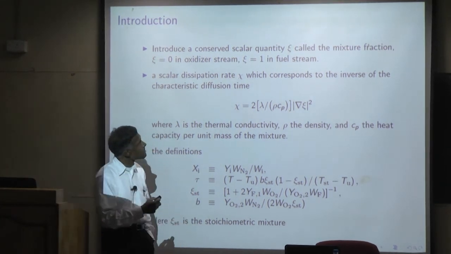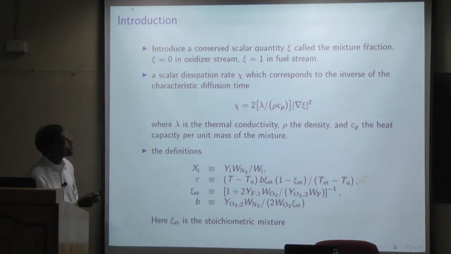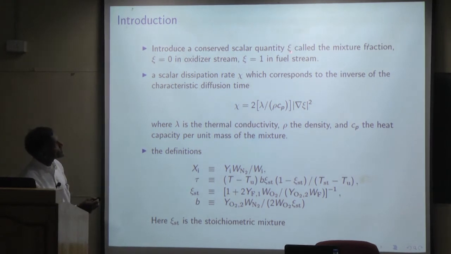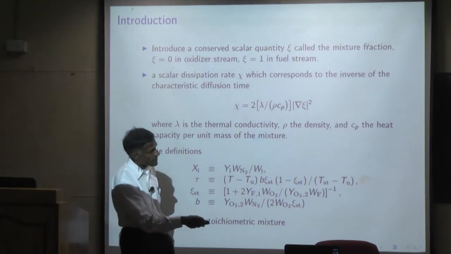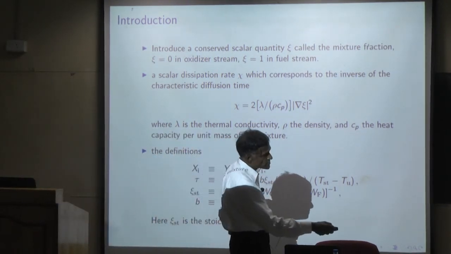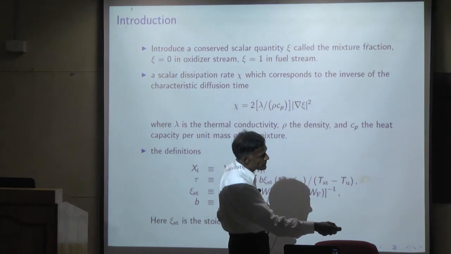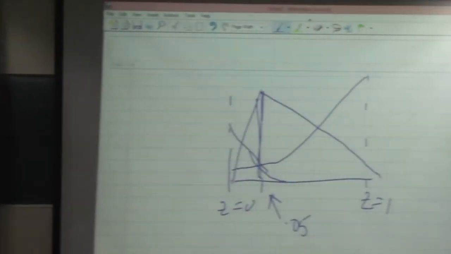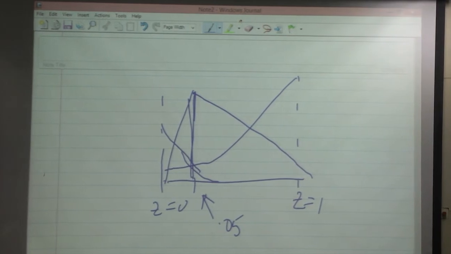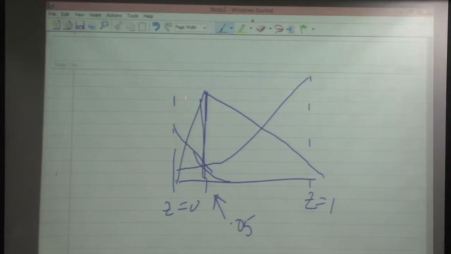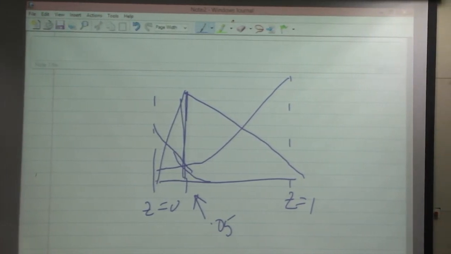And I talked about this before. Again, you introduce a conserved scalar quantity called the mixture fraction, and I talked about this yesterday. I've used the Greek xi instead of the Z. It is such that Z equals 0 in the oxidizer stream, and Z equals 1 in the fuel stream.